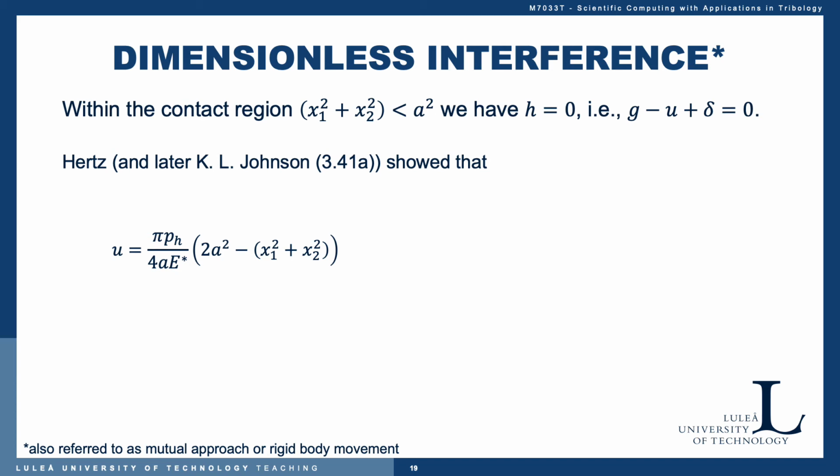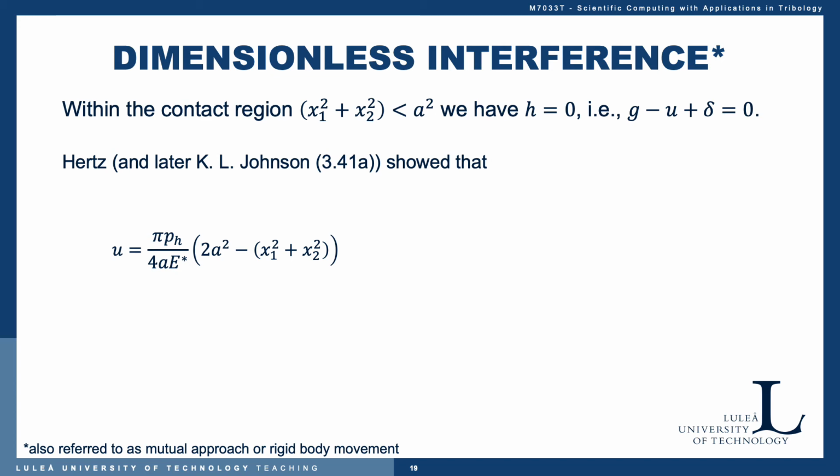So the mutual approach, which distance points in each body have seen as we loaded them against each other. Now this can be found by quite complex calculations, but these are summarized here.